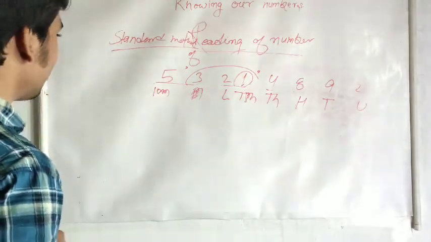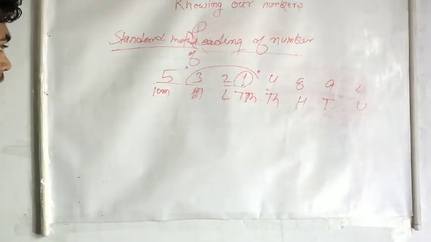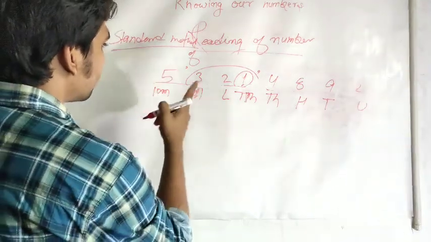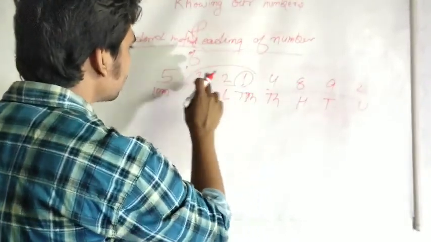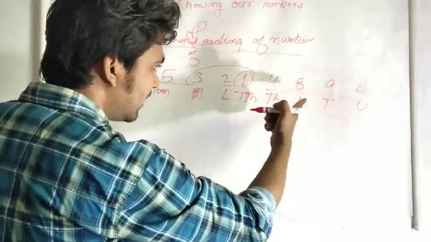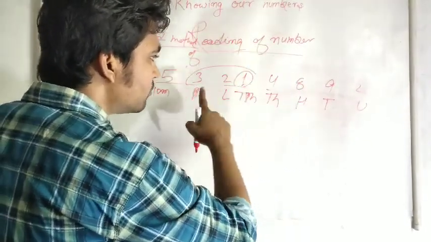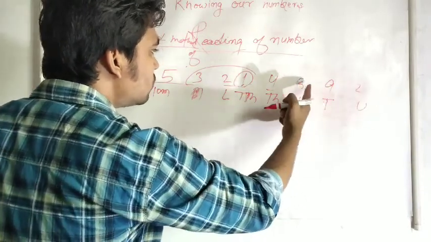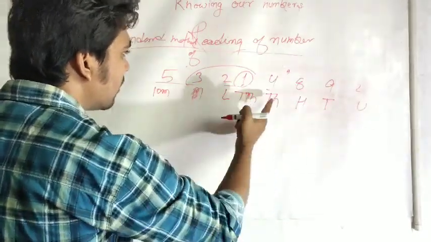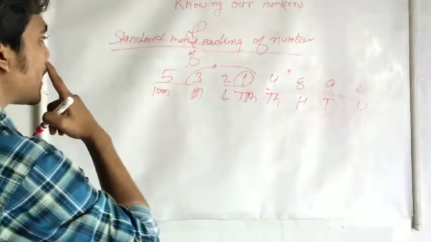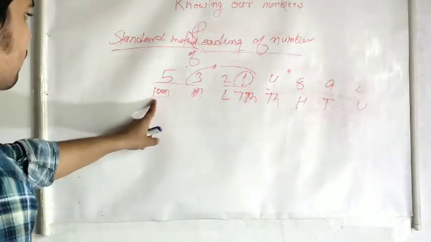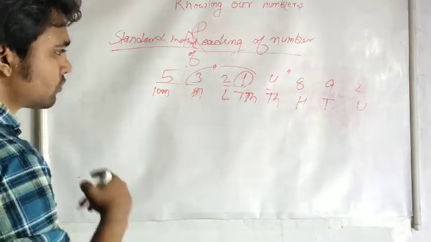So what do we read here? Friends, again we use comma in such a manner that at every third digit we use a comma. So 1, 2, 3 we use comma here, again we count 1, 2, 3 we use comma here, and here is another number.